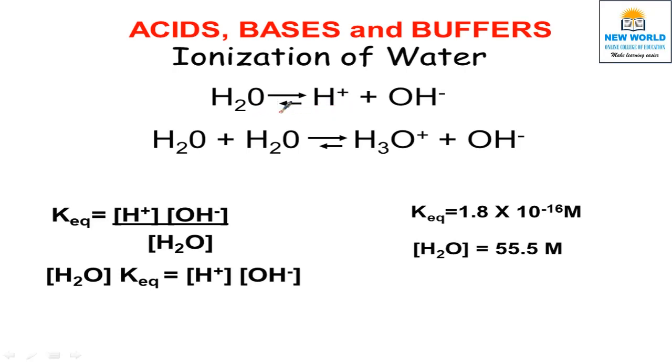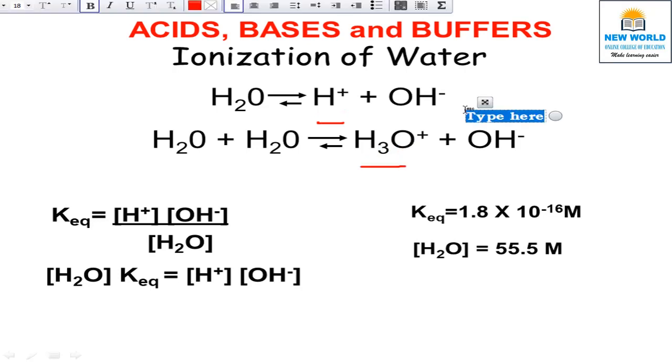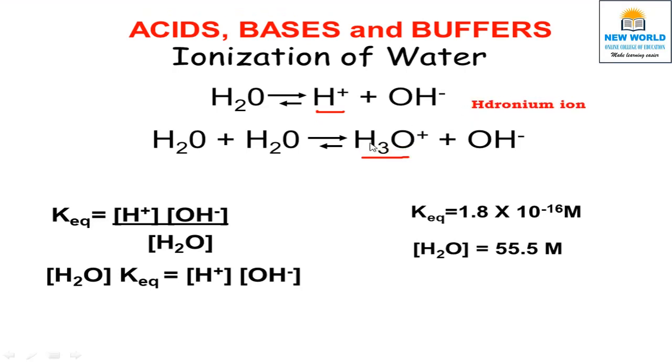Usually we write the ionization of water as a hydrogen ion and a hydroxide ion, but in reality a hydrogen ion, or proton, does not exist in solution. It exists as a hydronium ion, and this forms because when a proton forms, it immediately connects to a water molecule.